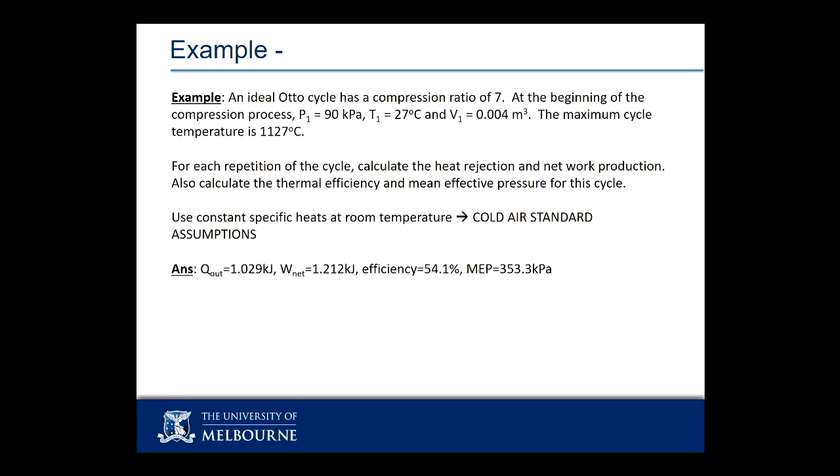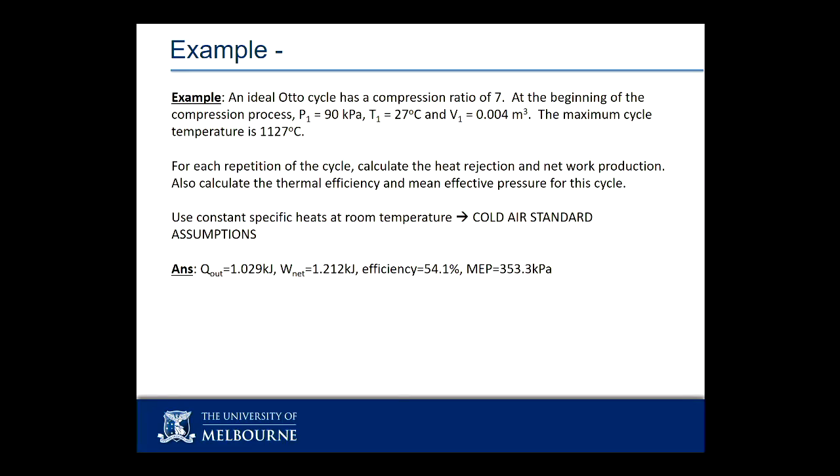Maximum cycle temperature happens after the combustion, after the heat addition. For each repetition of the cycle, calculate the heat rejection and the net work production. Also calculate thermal efficiency and mean effective pressure. Use constant specific heats at room temperature.